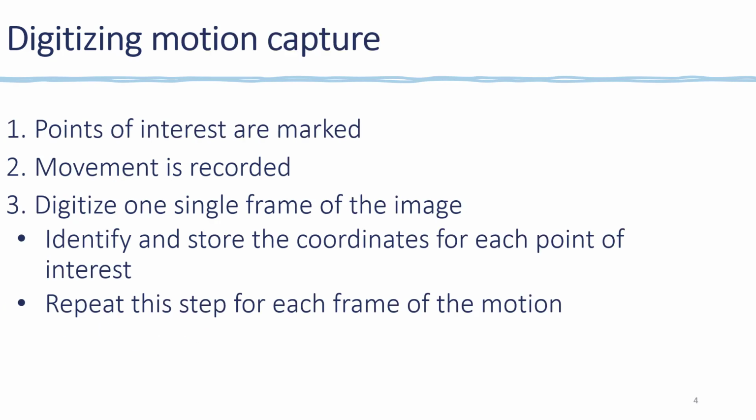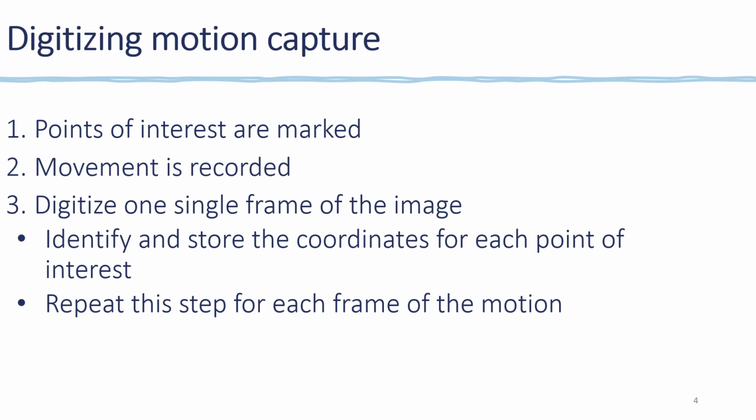Maybe you've already looked at the demo video on how the motion capture system works. And if you haven't, essentially we place these little markers on specific anatomical landmarks on your body. And that's step one. So you mark the points of interest. And then the motion capture system or the video camera, whatever equipment you're using, is recording the movement of interest.